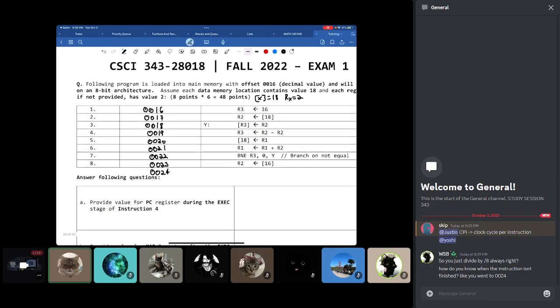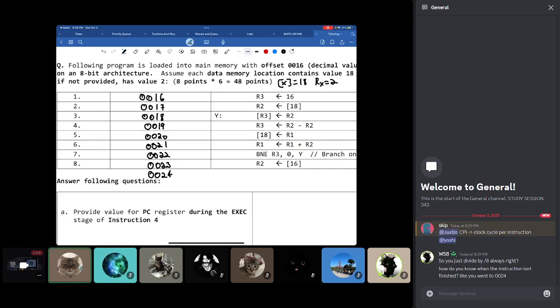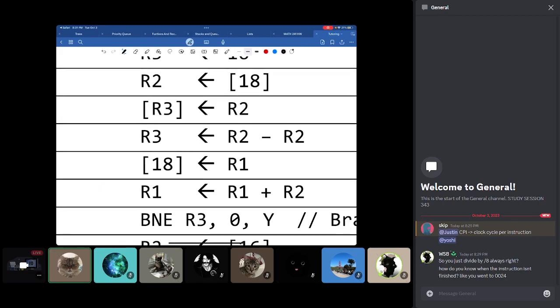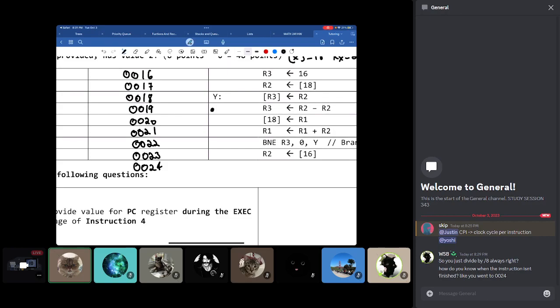But for instruction 4, it says provide the value of the PC register during the exec stage. So let's see, does our instruction have to do anything with PC? It does not. And at the end of the fetch stage, we increment to the next instruction for the PC, for the computer to read later on.